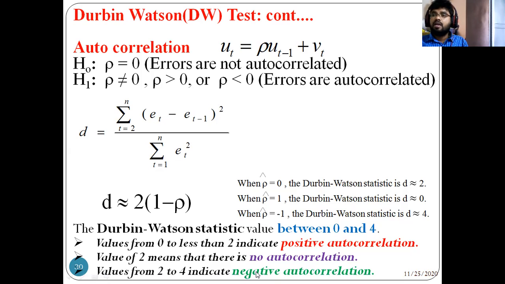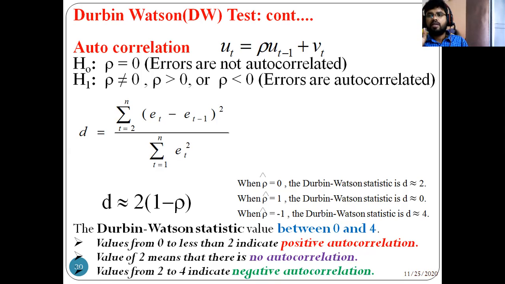For example, if D is exactly 2, there is no autocorrelation in your problem. When you run a multiple regression or a simple regression, if D is equal to 2, there is no autocorrelation in your regression model. If D is equal to 4, there is a negative autocorrelation.